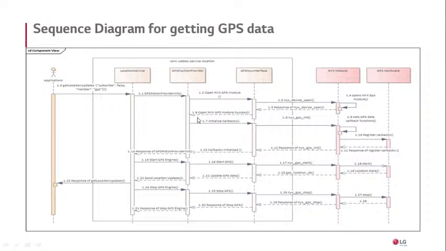Now, once the GPS position provider has got the success for the device open, then the interfaces from the Nix module, or the callbacks to get the information from the GPS hardware in the Nix module, are initialized. The Nix GPS init, as we explained in the previous interfaces for the Nix.